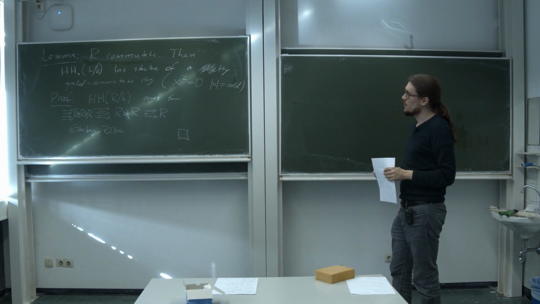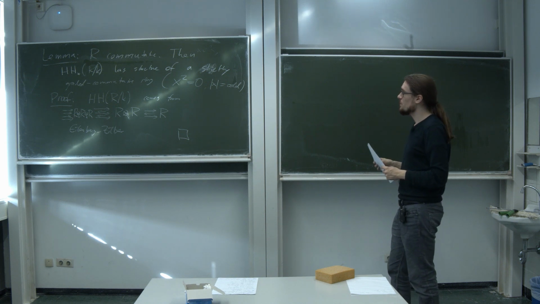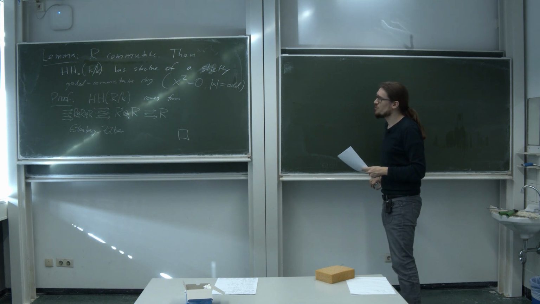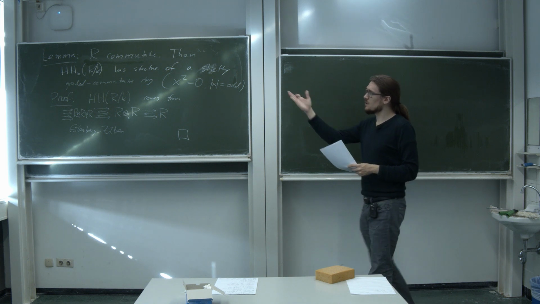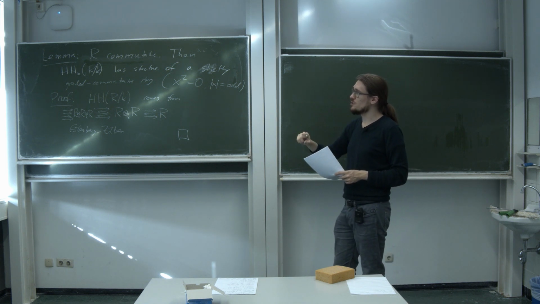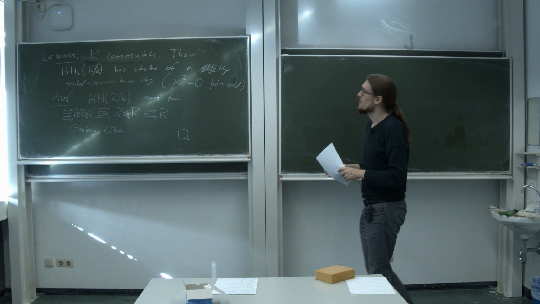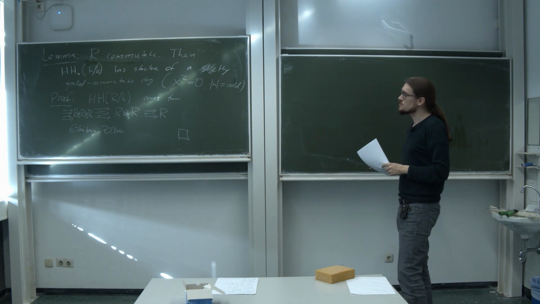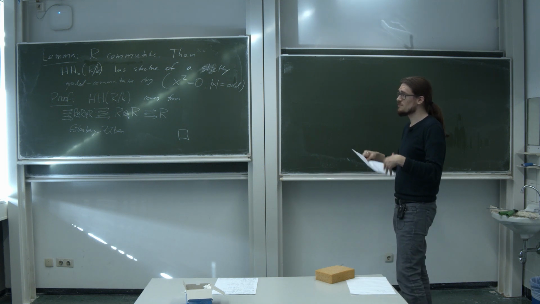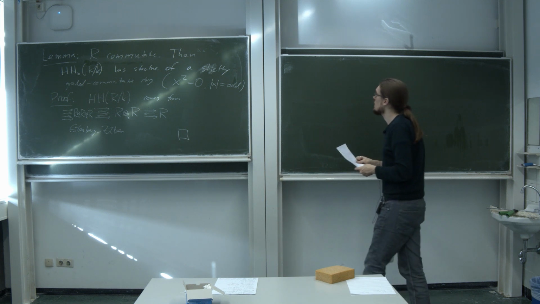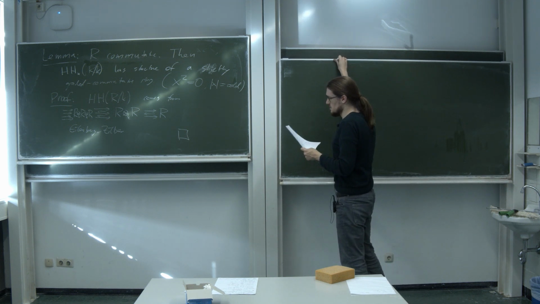So now we have this product structure on Hochschild homology, and we've previously compared the first degree Hochschild homology with Ω¹. Now it turns out we can also introduce some multiplicative structure on that side by introducing what's called the de Rham complex.